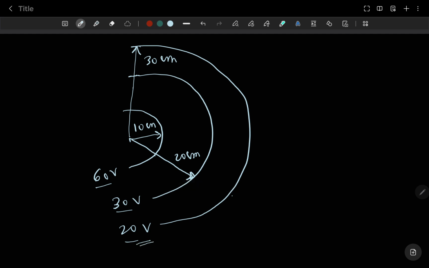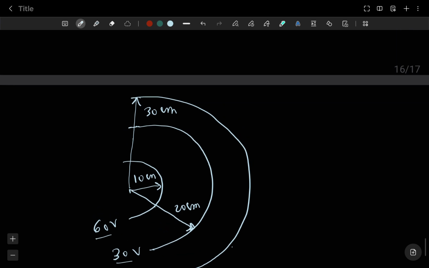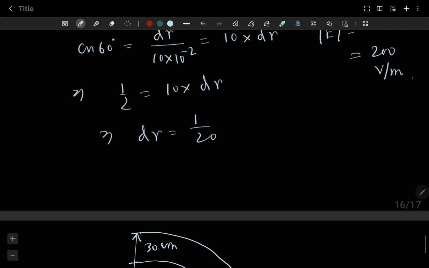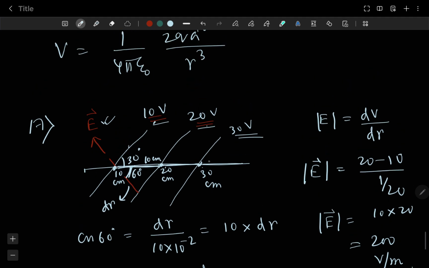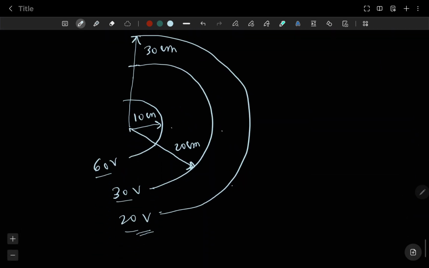So here the electric field is not uniform. That means at every point the electric field will be different, not like the first problem where at every point the electric field is the same, 200 volt per meter. The first was a bit easier. The second one is a bit tricky.